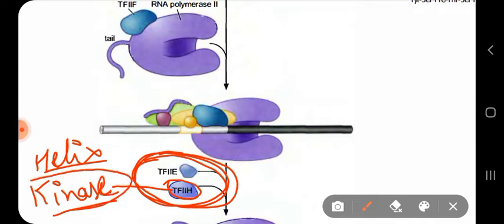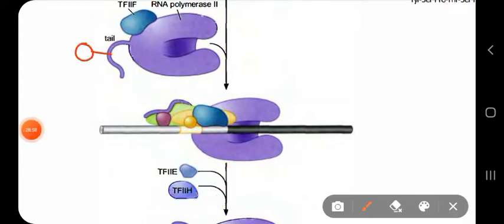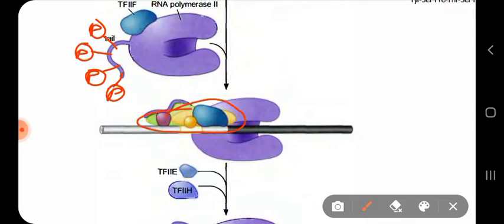Well, kinase can phosphorylate, it adds phosphate groups, where it will add the phosphate groups to the tail region of the RNA polymerase 2. So it will phosphorylate the tail region of the RNA polymerase, so that the RNA polymerase will actually move on and carry out the elongation process while shedding off most of the initiation factors.